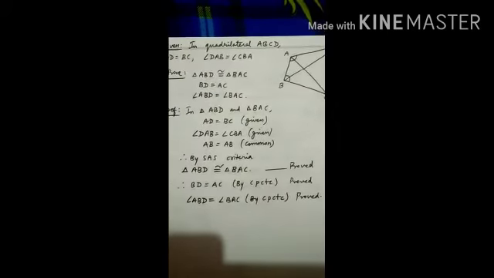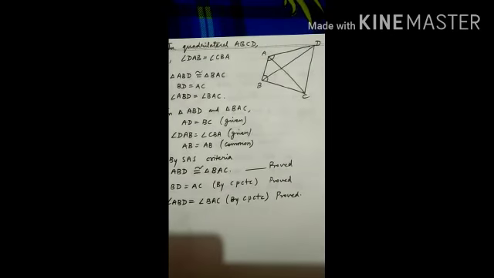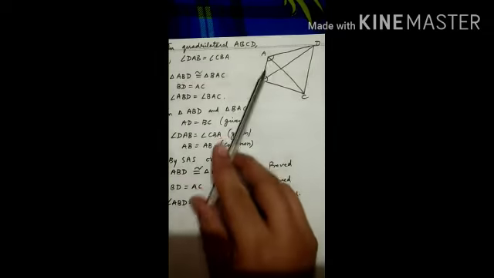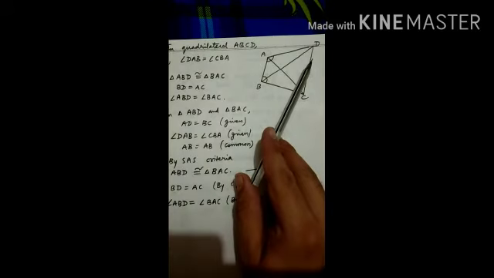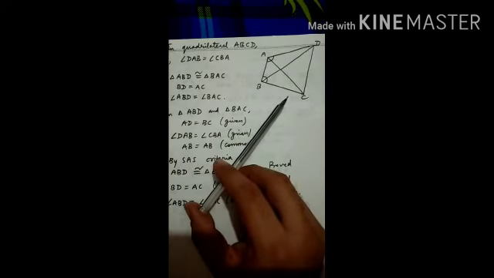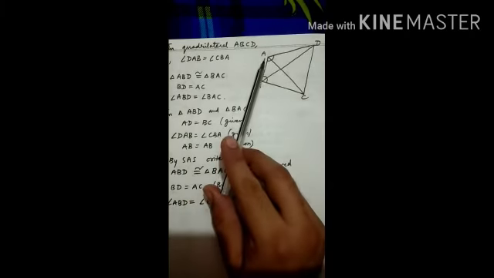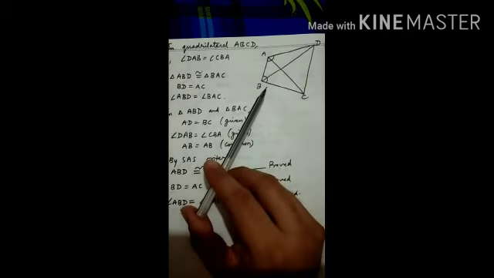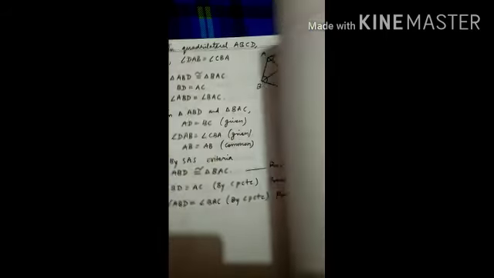Moving on to question number 2 of the same exercise. Here you can see the figure. First of all, a quadrilateral ABCD is given in which sides AD and BC are equal to each other, as well as angle DAB and angle CBA are equal to each other.